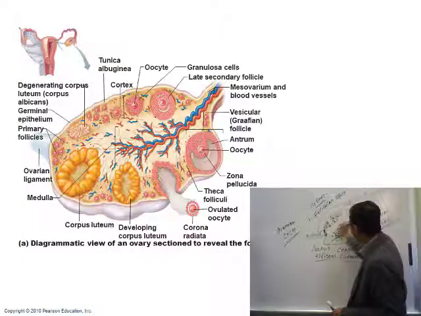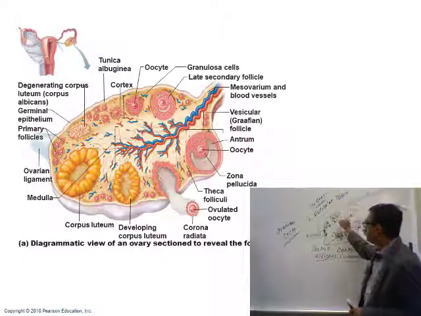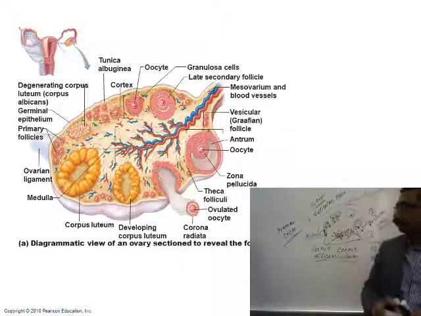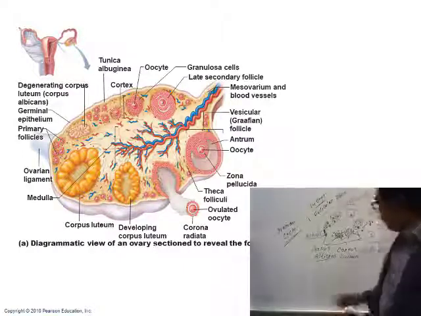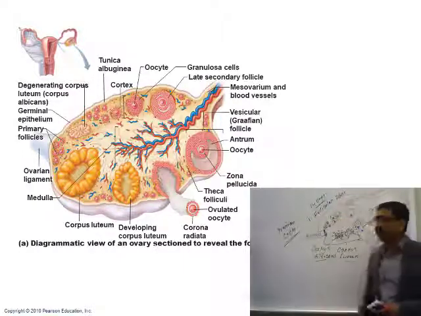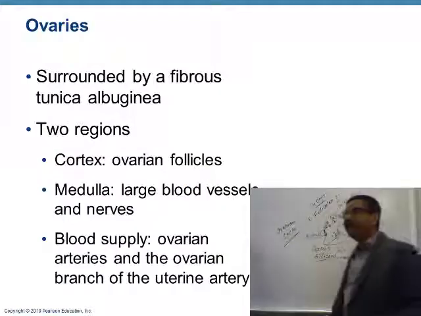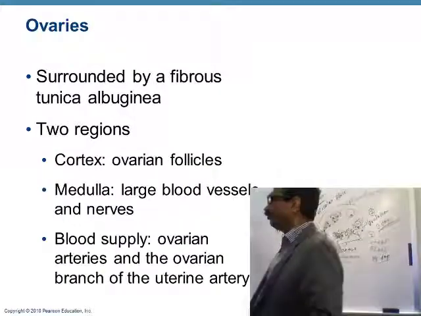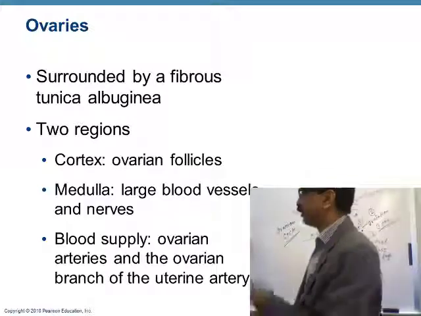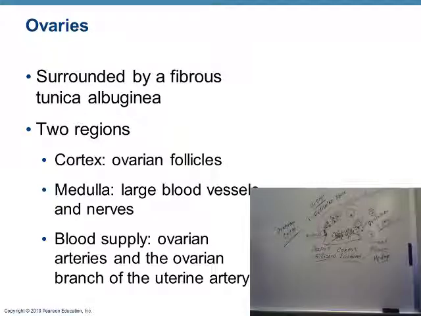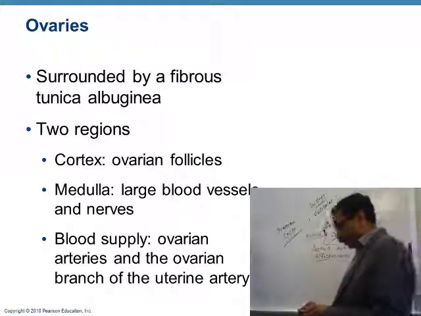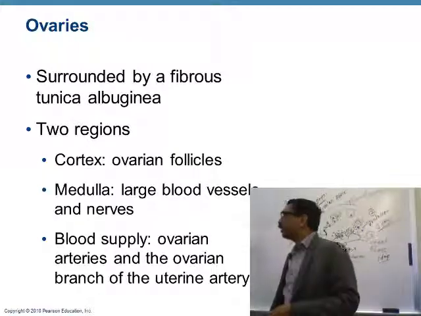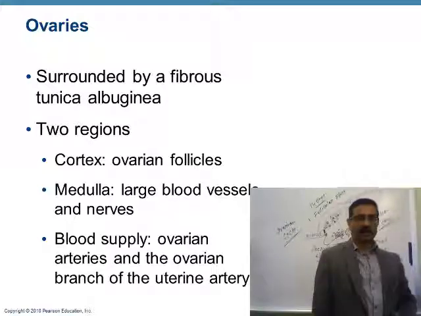In the medulla, you have the blood vessels and nerves. So blood vessels and nerves are present inside the medulla. Which blood vessel enters into the ovary? That is the ovarian arteries. Very simple. Testes, testicular arteries, ovaries, ovarian arteries. And ovarian arteries are the branches of the uterine arteries.